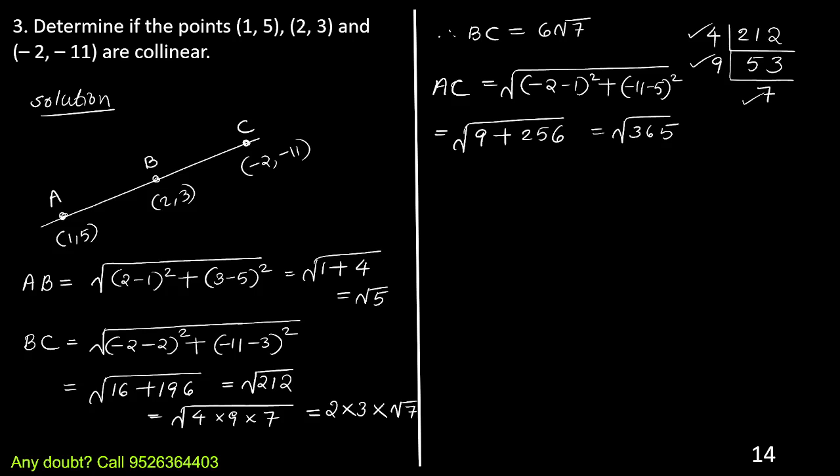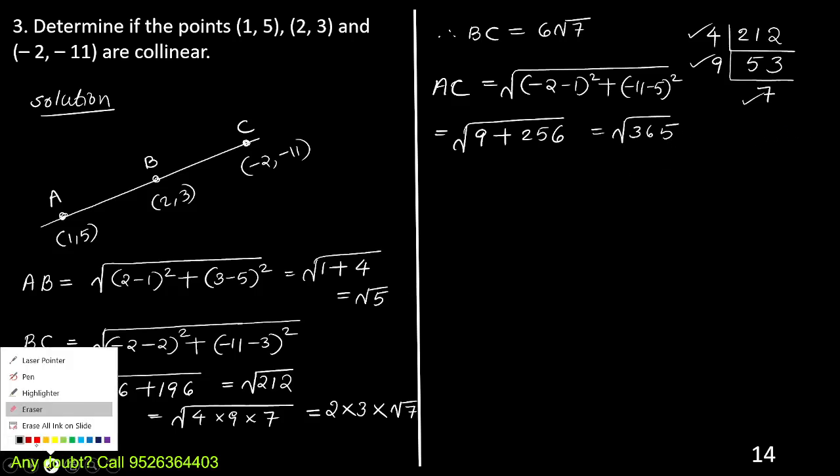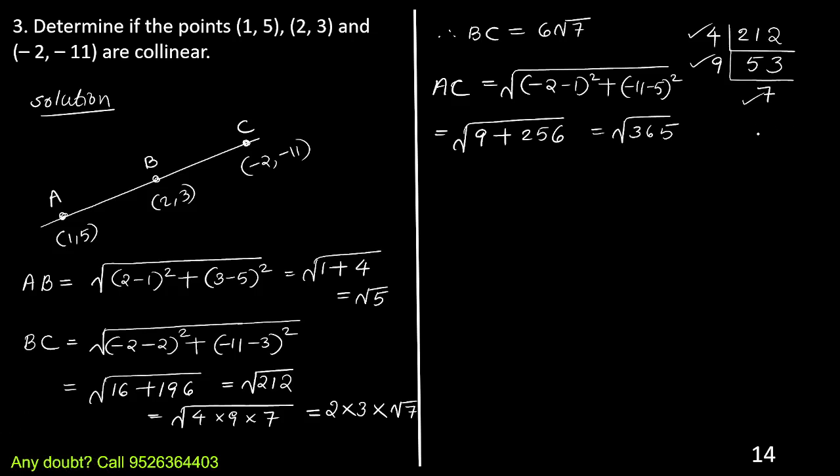So 265, can I reduce it? Try to divide by a perfect square. If you find it very difficult to divide by a perfect square, divide by some suitable number, no problem in that. We prefer a perfect square, but if you have no idea which perfect square, then you can divide by some suitable number, say a prime number. 265 divided by 5, you will get 53. 53 cannot be divided further.